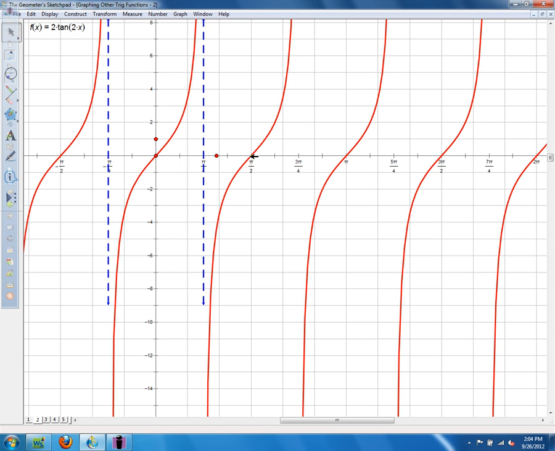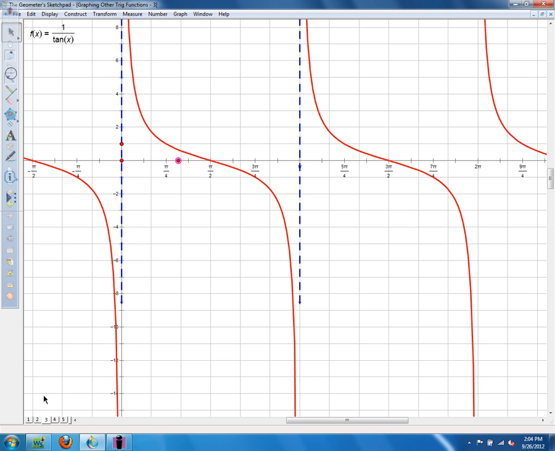Our intercept for our second period is pi over 2, and we could continue calculating that out. So this is what it would look like if we graphed multiple periods of that last function. All right, the Geometer Sketchpad doesn't have a cotangent function, so I graphed 1 over tangent x, which is the same as the cotangent. So I'm going to grab that one.